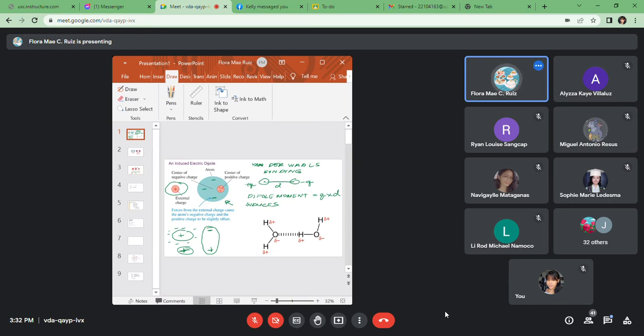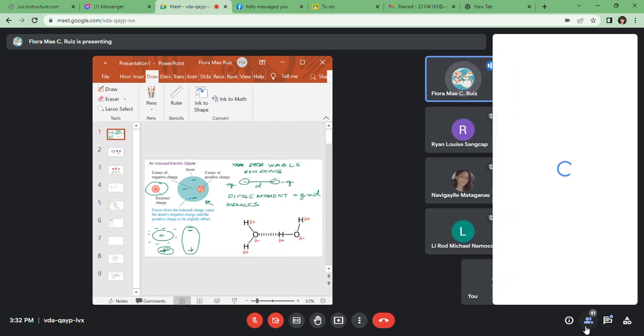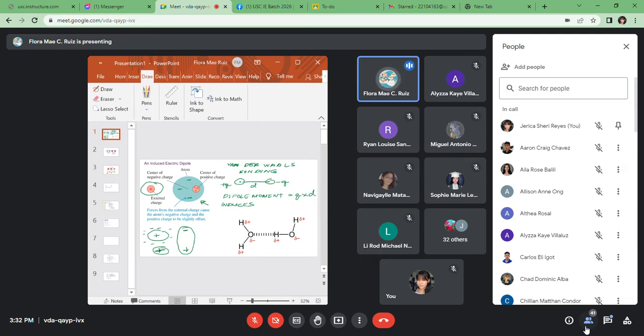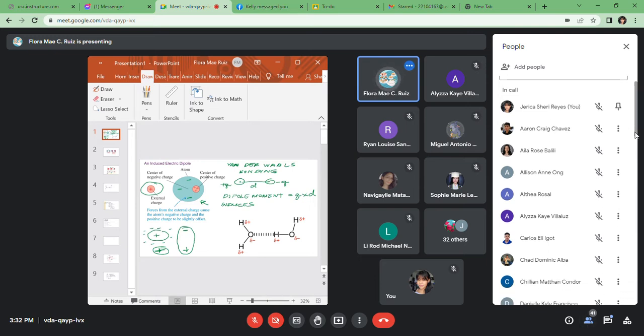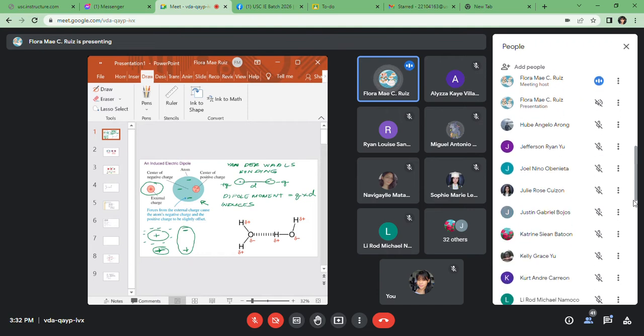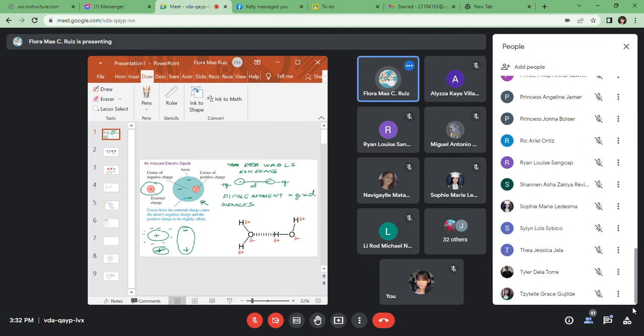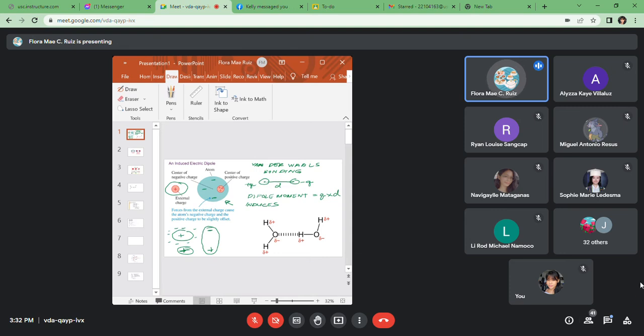Now, some molecules, your dipole moment does not have to be induced. Bale, it is already there. Okay? It exists by virtue of the direction of bonds and the nature of atoms that make up your molecules. What do we call these molecules na naanay dipole moment? We call them your polarized molecules.